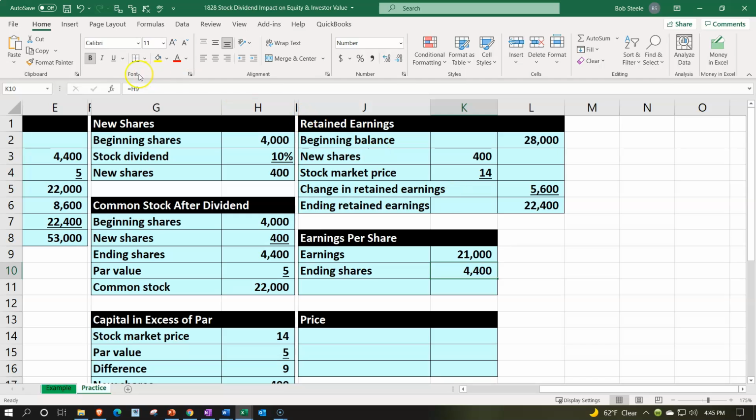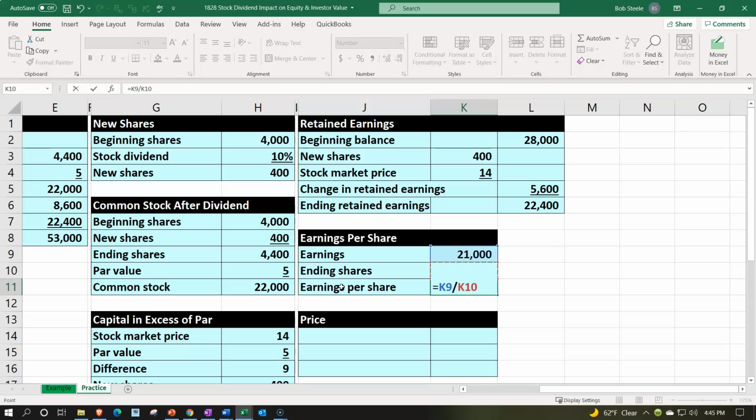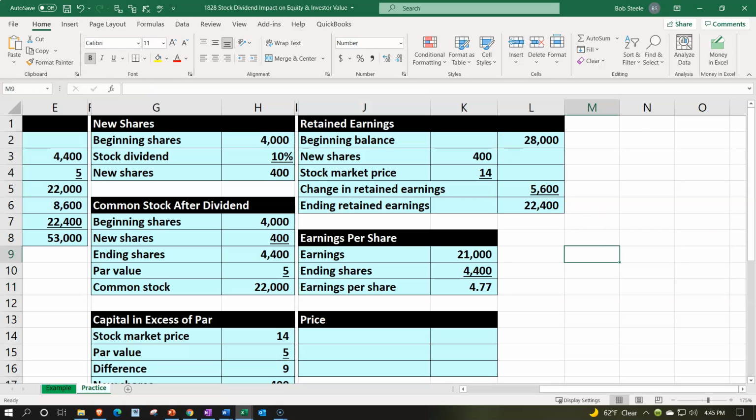Let's underline that, font group and underline. That gives us our earnings per share of the 21,000 earnings, the bottom line of the income statement, net income in essence, over the number of shares now at the 4,400. We're going to add some decimals, number group, decimalized, $4.77.